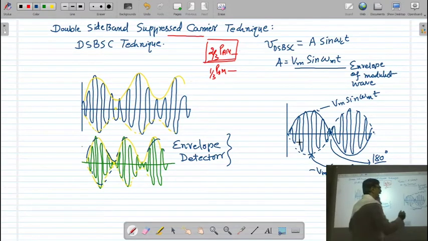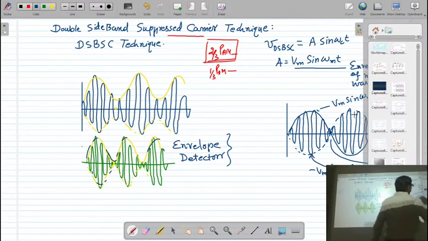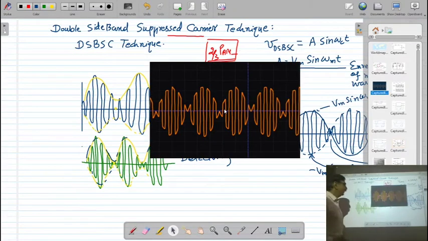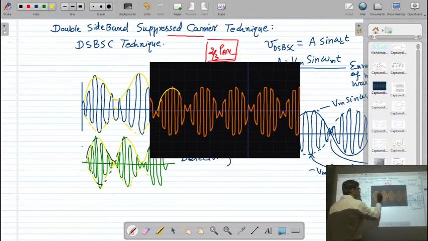And if you see the actual waveform, here the actual waveform is this, and what is the significance? This is my positive envelope, and it is going to cross like this.